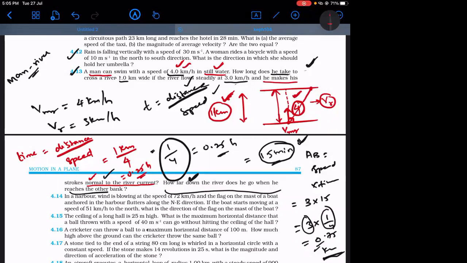Yes, sir. Right. But if I take the coordinates of this point, is it not going to be 0.75, 1? Where 0.75 is this drift, and 1 is the vertical distance. So if I take this 1 along the y direction, I can solve the same problem this way.